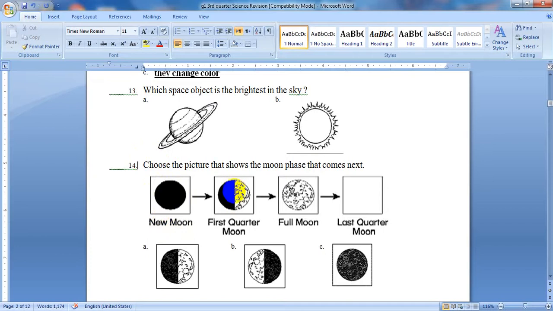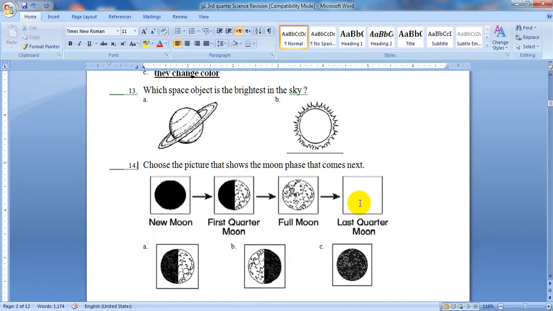When it has a dark left side and a light right side, it's called first quarter moon. When it's all light, it's called full moon. And there is a missing phase here, the last quarter moon.